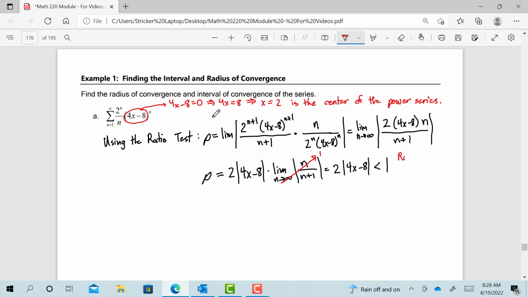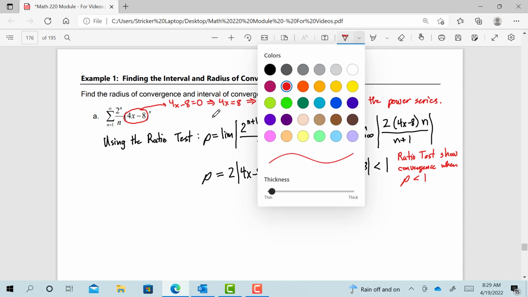The ratio test shows convergence when rho is less than 1. And so we can now solve for x. That's where we're going to go now.